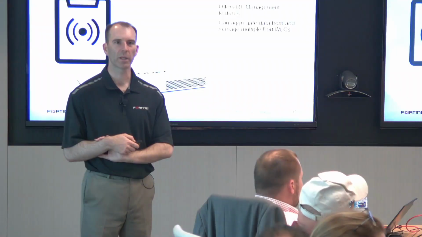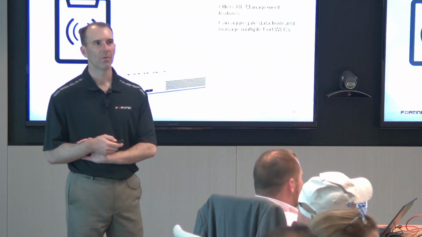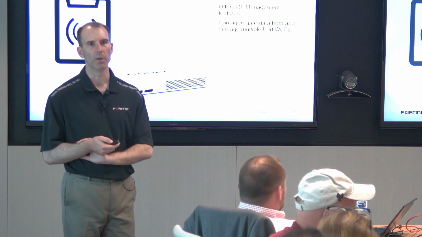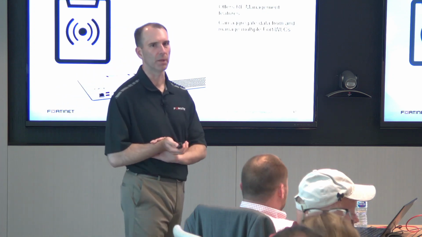Or is it a VM? It can also be purchased as a VM. I wasn't able to take a picture of one, so I used the physical appliance. But almost everything we've got is also available in VM form. I'd say you've got about a 90% chance that it's available in VM form, just not the APs or switches.